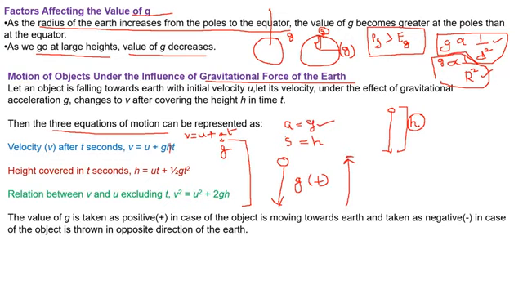So in this case g will be considered as negative. When an object is thrown upward, acceleration due to gravity will be considered as negative, and when the object is falling down, acceleration due to gravity will be considered as positive. So here we are considering positive 9.8 meter per second square, and here we are going to consider g as minus 9.8 meter per second square.